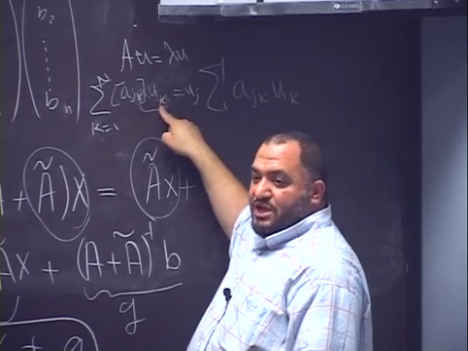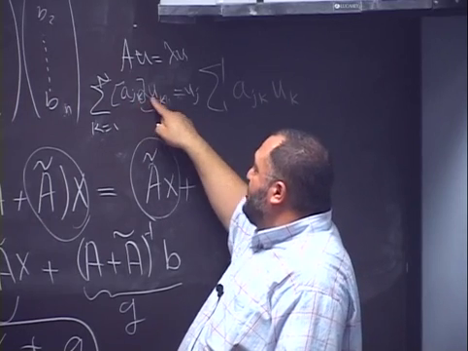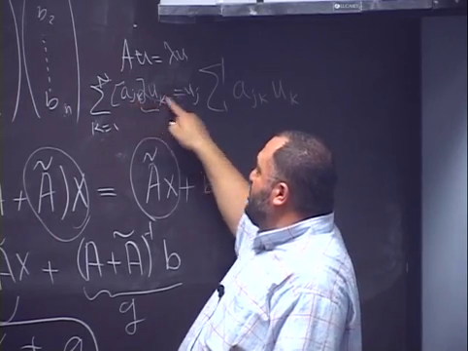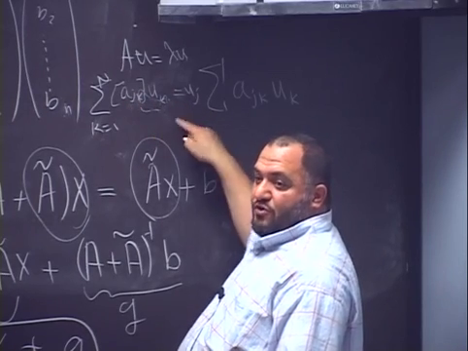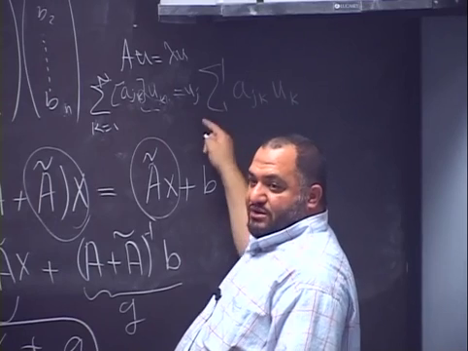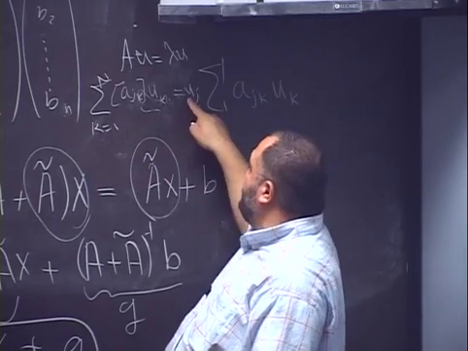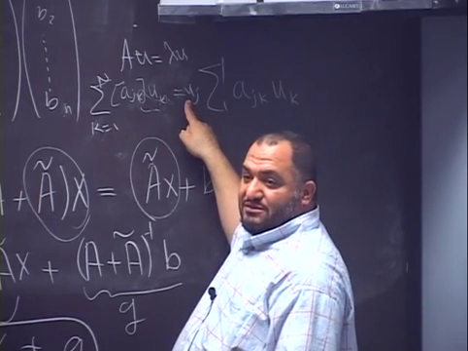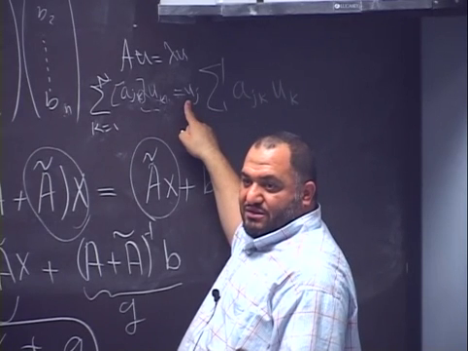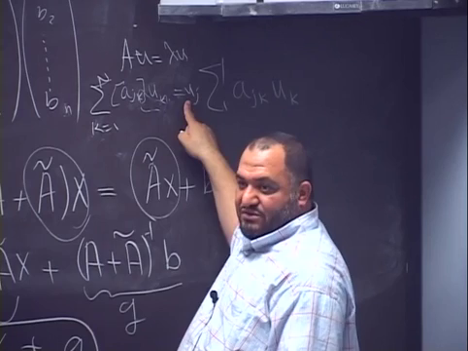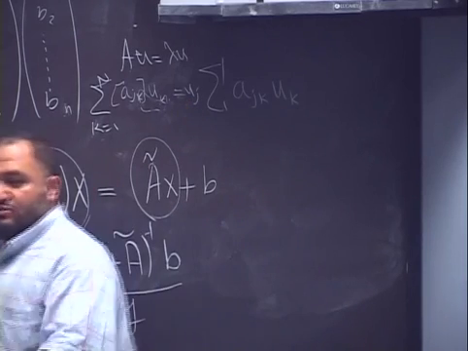So this will be AJ1 U1 plus AJ2 U2 plus AJ3 U3 plus AJ4 U4 up to AJN UN. And when you get this summation, it will give you the jth eigenvector, UJ. Maybe after the class I will show it to you.